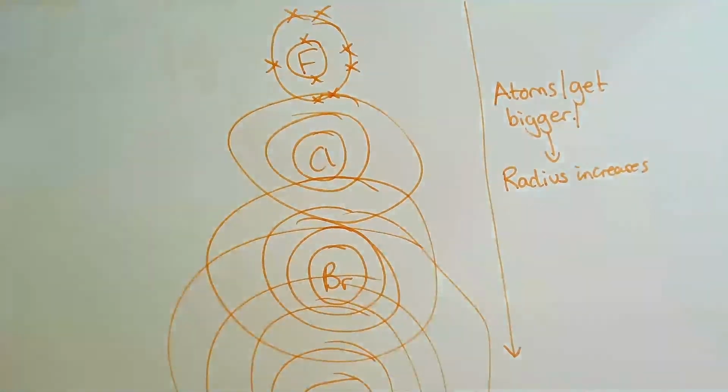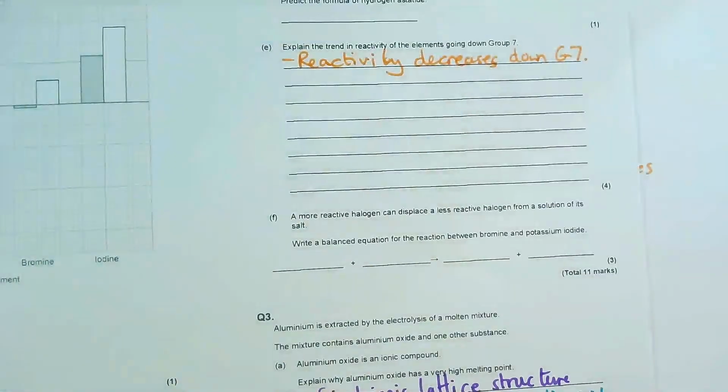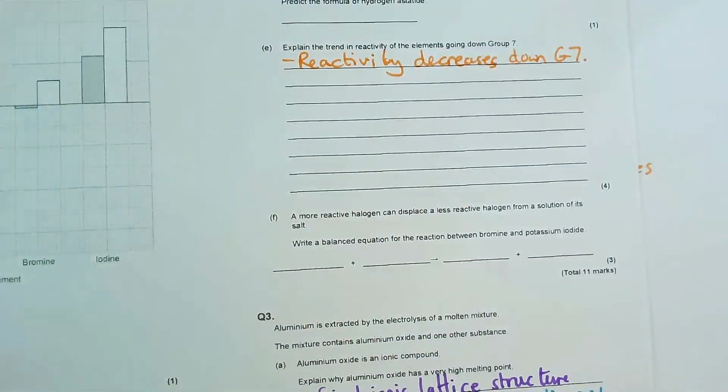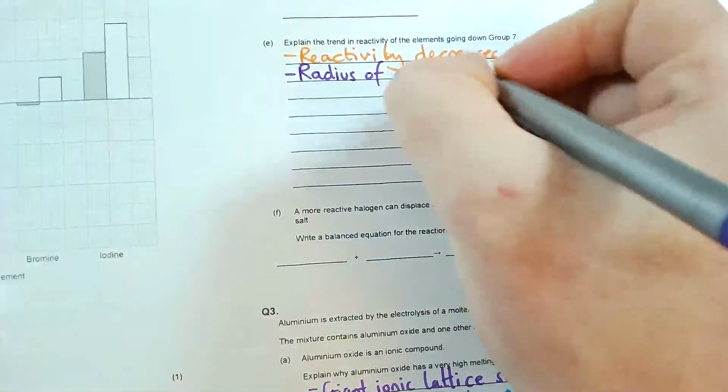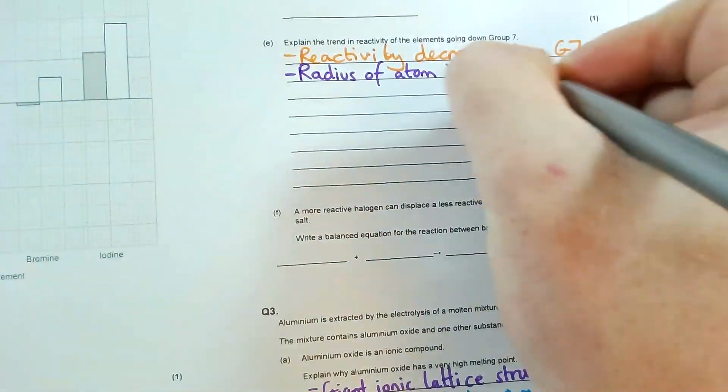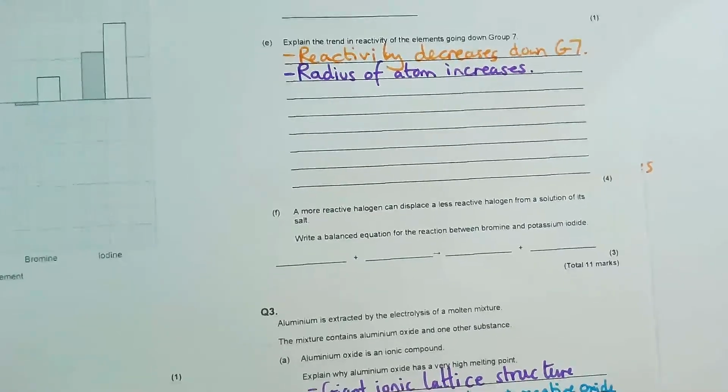So going back to the question, our first bit of insight: as we descend the group, the radius increases.